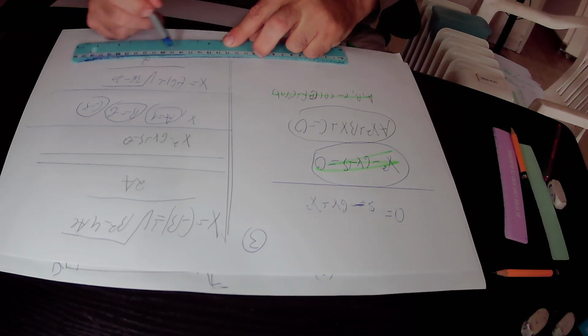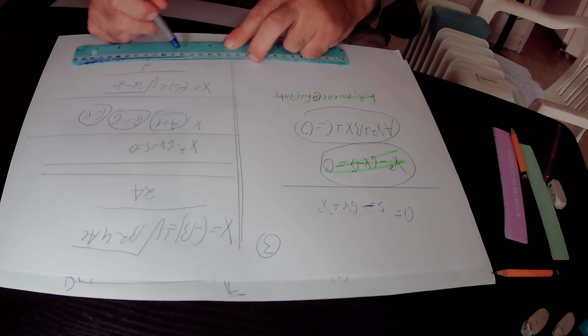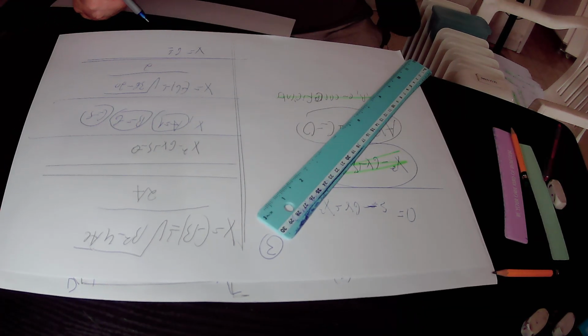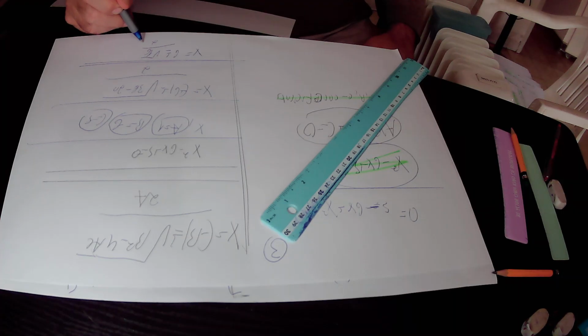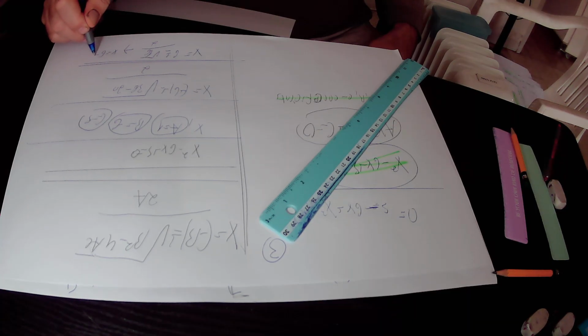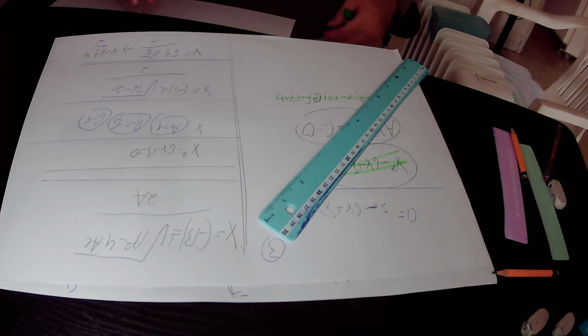So we found that x equals 6 plus or minus, inside the root we have 36 minus 20, which is 16. So inside the root we have 16, over 2. So x equals 6 plus or minus, the square root of 16 is 4, over 2.